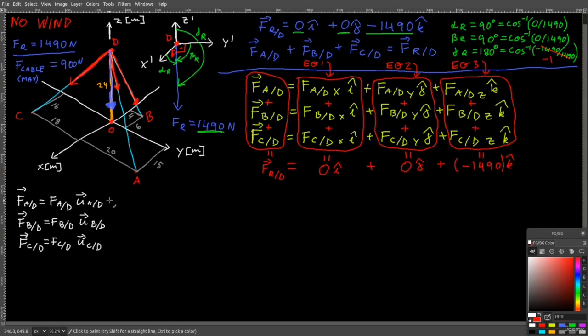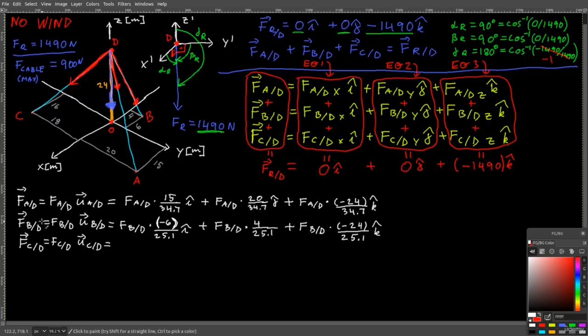And so thanks to that, we can rewrite these 3 vectors like this. This is vector FA with respect to D, this is vector FB with respect to D, and this is vector FC with respect to D. Note that these three vectors, they are the same vectors that you have here.